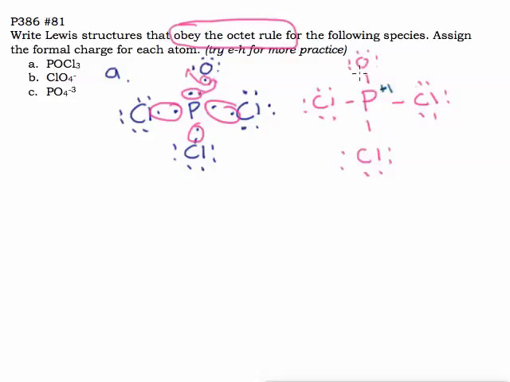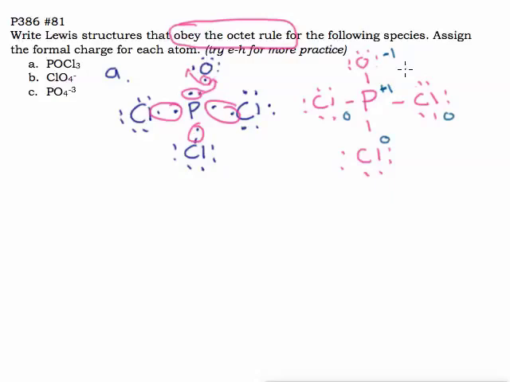Oxygen had 6, so now it has 2, 4, 6, 7. 6 minus 7 gives us negative 1. Chlorine had 7, and now has 2, 4, 6, 7. 7 minus 7, all of our chlorine atoms have a formal charge of 0. It's important, if the atom or the molecule is neutral, to make sure that your formal charges equal out to be neutral as well. In this case, they do.